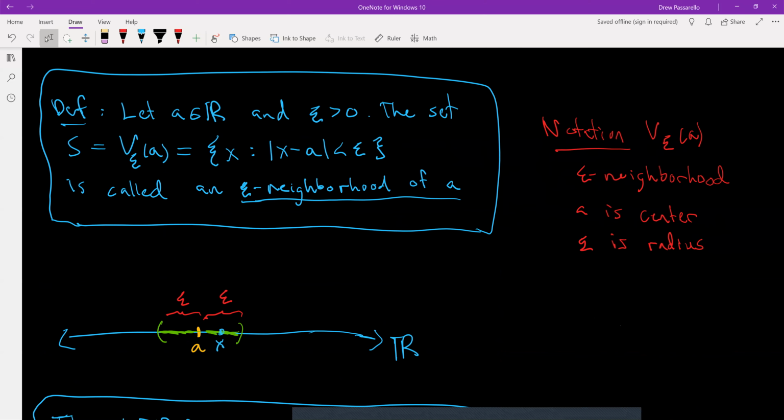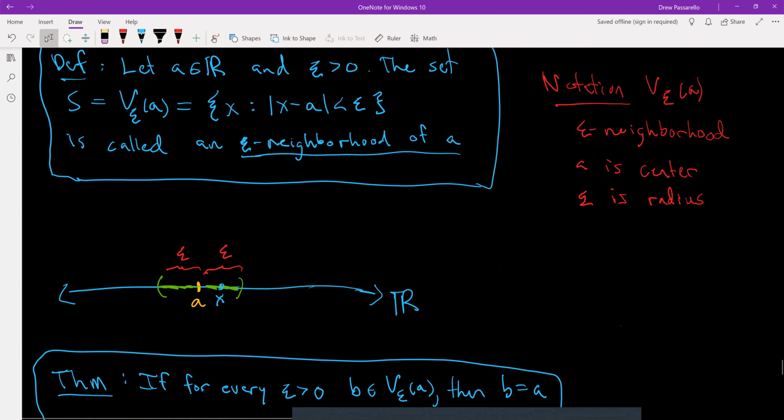So graphically, this is what it looks like. Epsilon is going from the center A to the endpoint. And again, this is parentheses. And x lies in the green stuff that's in between the endpoints.